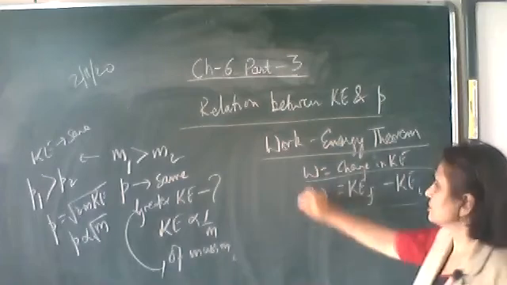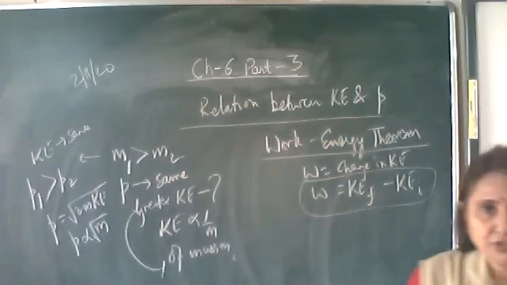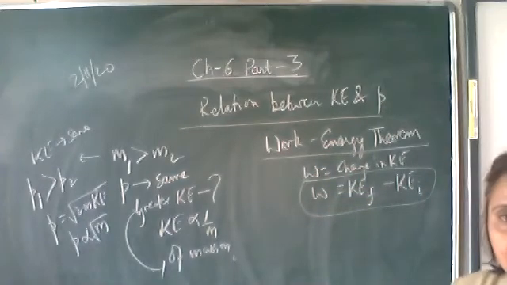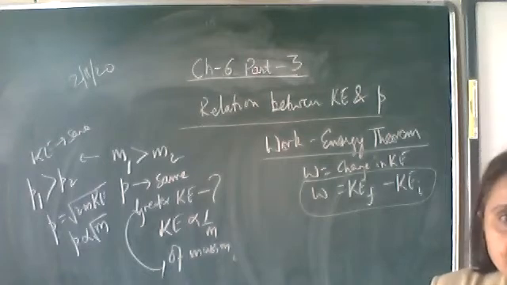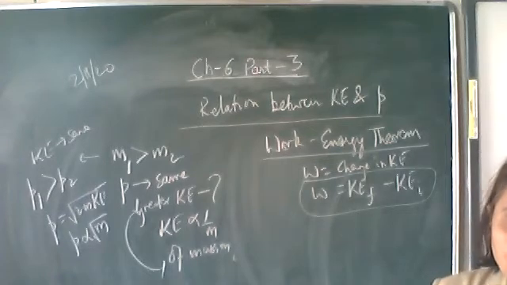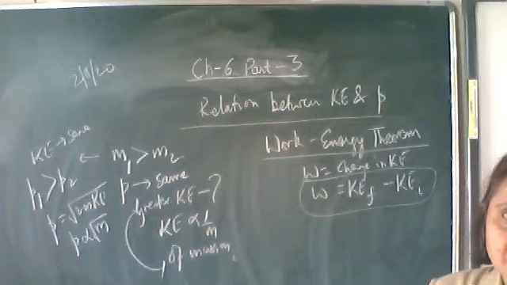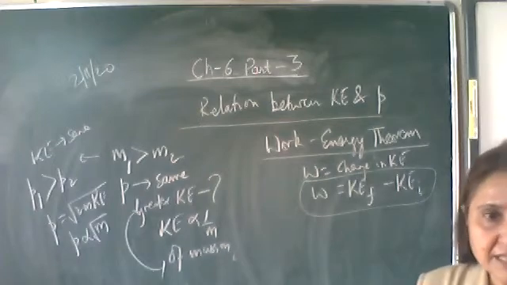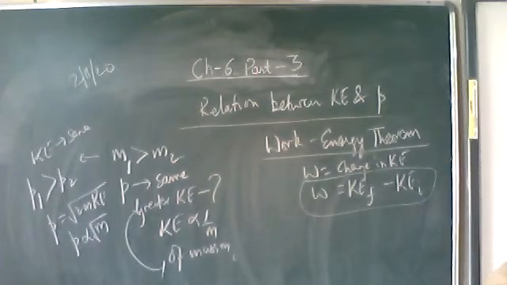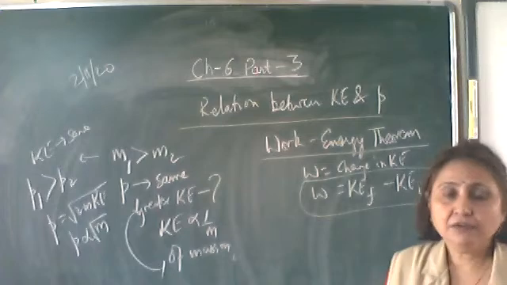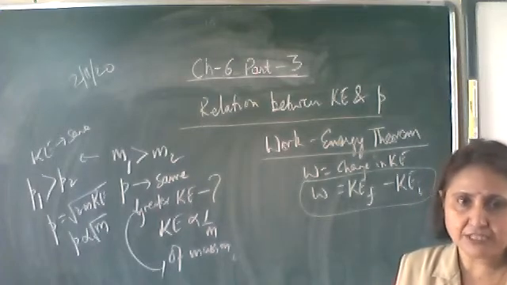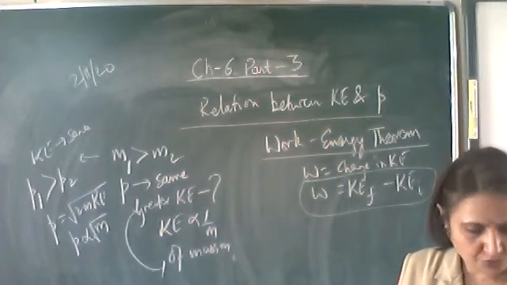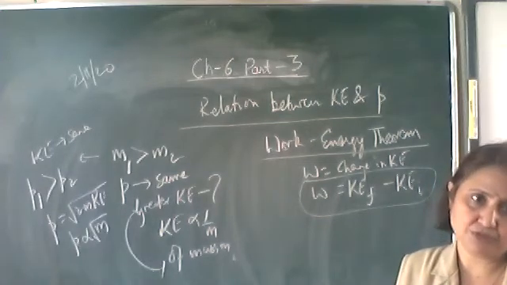So this theorem is called the work energy theorem. Whenever mechanical work is done on a body, there will be some change in the kinetic energy, and this change in kinetic energy is equal to work done, which we call the work energy theorem. We are going to prove it for two cases: when a constant force is acting and when a variable force is acting.